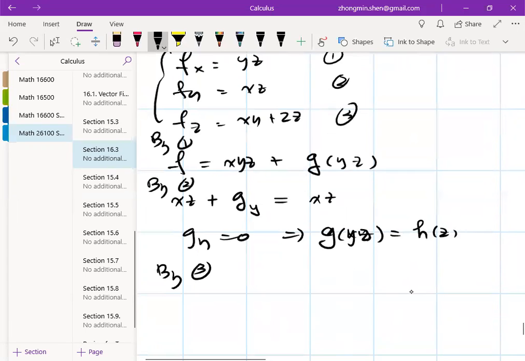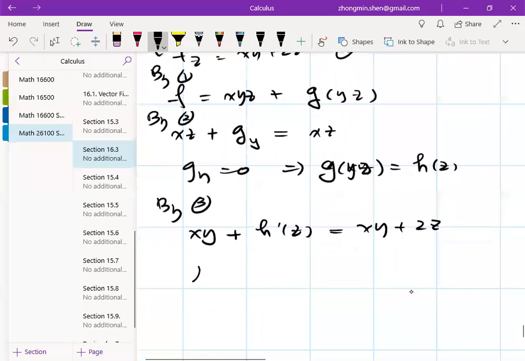So Fz: differentiating xyz plus h(z) gives xy plus h prime of z, which equals xy plus 2z. So h prime of z is going to be 2z.